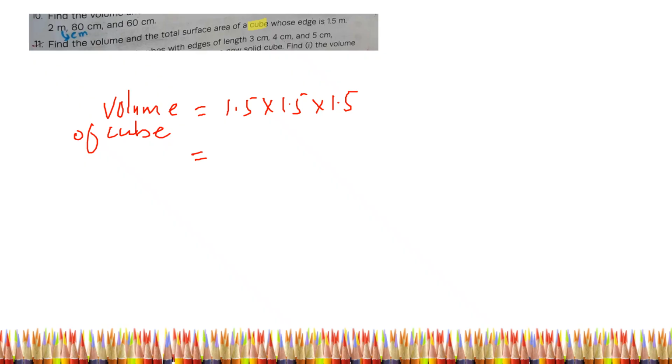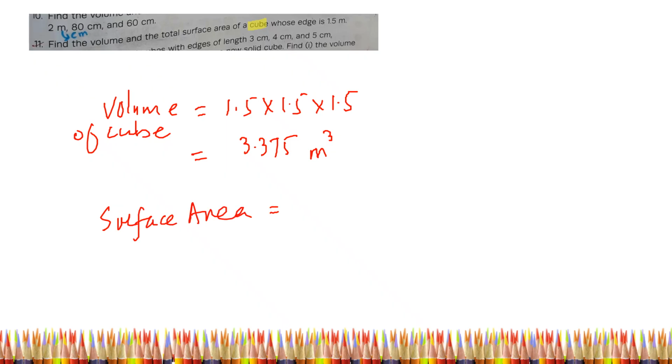So 1.5 multiplied 3 times will give you 3.375 meter cube, right? So this will be 3.375 meter cube.